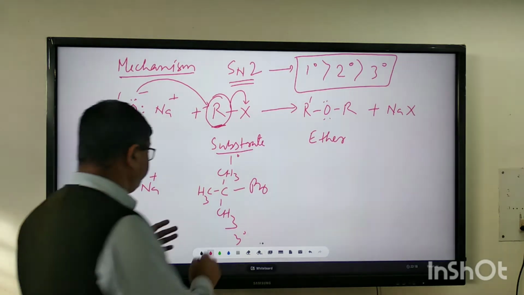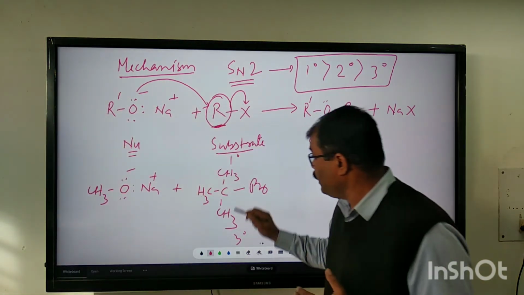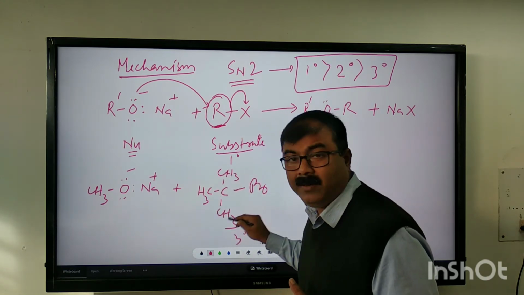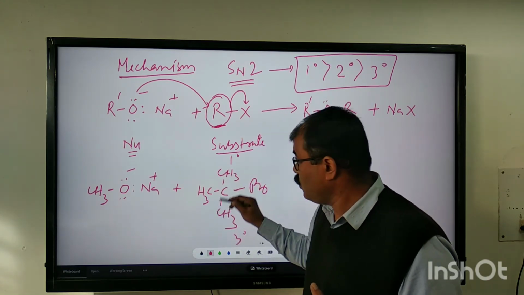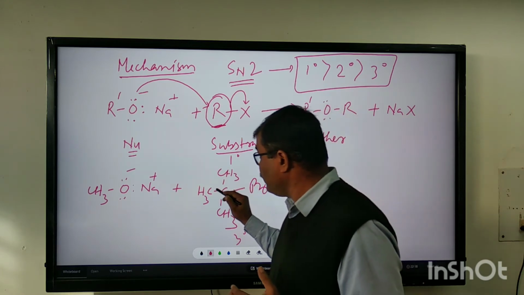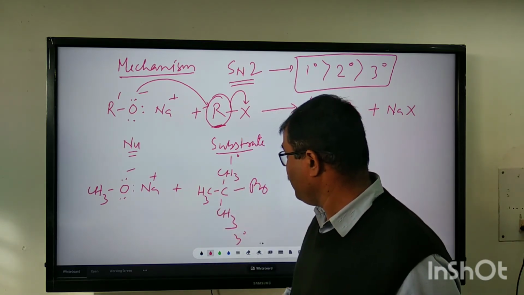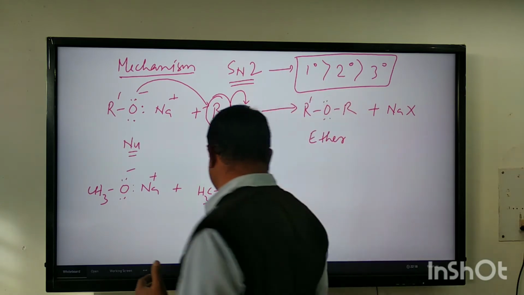Now what will happen? Since this group is big, it is sterically more hindered, so substitution will not take place. Here elimination will take place. How will elimination take place? Let me show you.